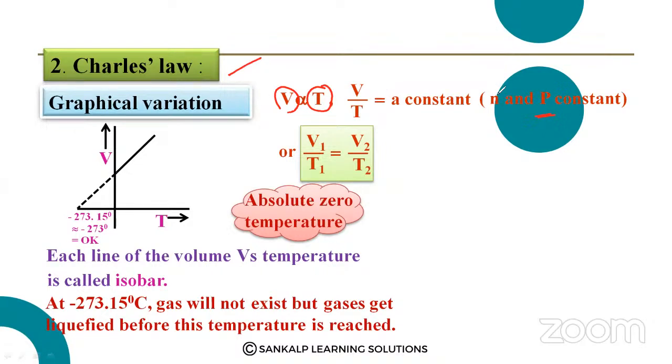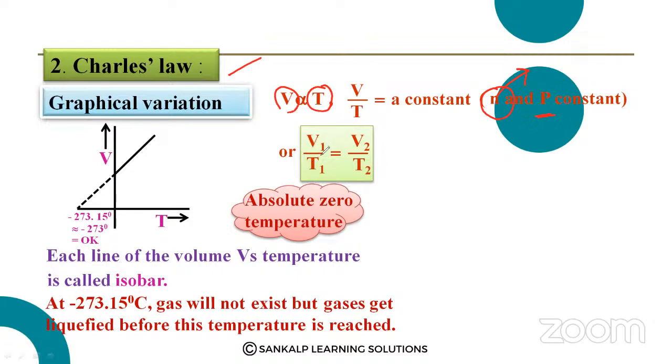For a fixed amount of gas at constant pressure, what will happen to the volume? Volume of gas will increase with the increase in temperature. If you decrease the temperature, it will cool, so it decreases on cooling.